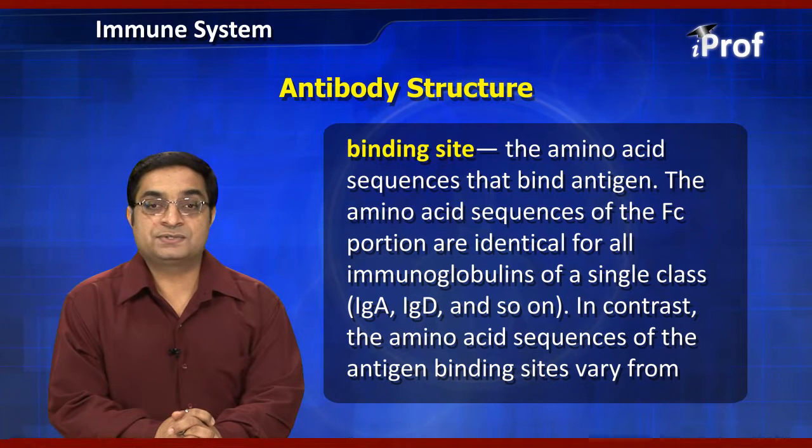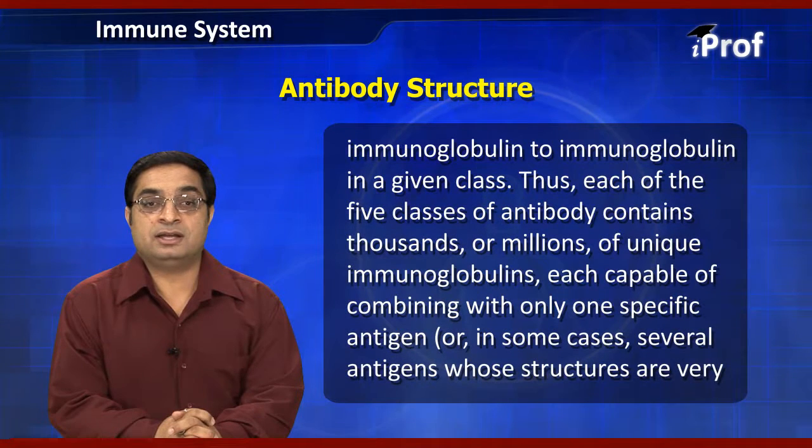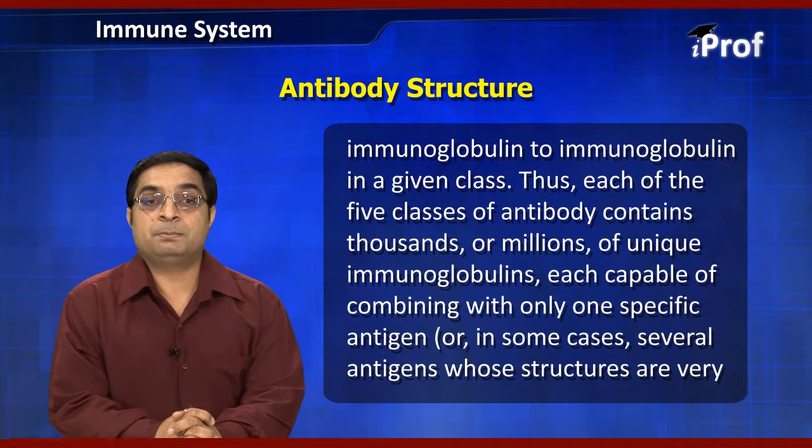In contrast, the amino acid sequence of the antigen binding sites varies from immunoglobulin to immunoglobulin in a given class. Thus, each of the 5 classes of antibody contains thousands or millions of unique immunoglobulins which are capable of combining with a particular type of antigen.